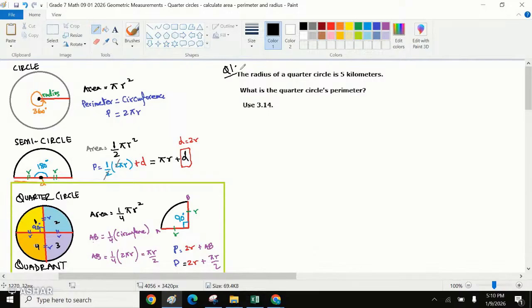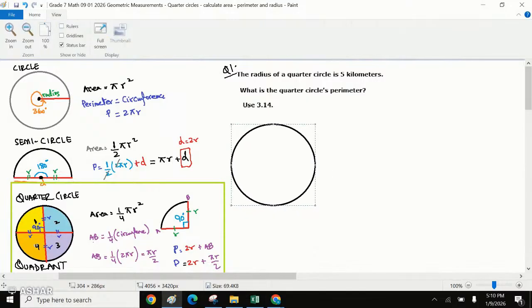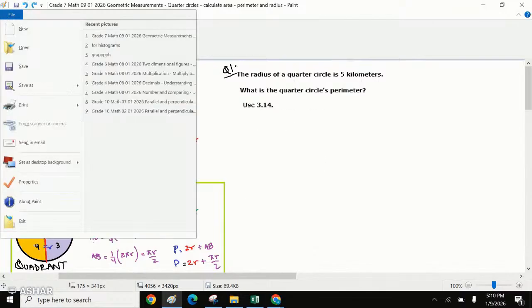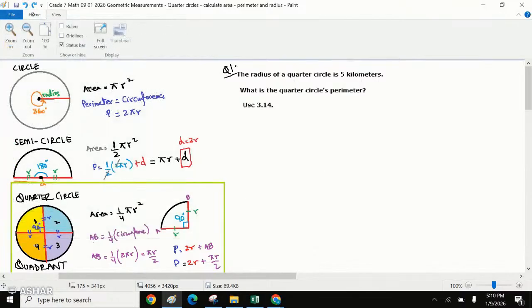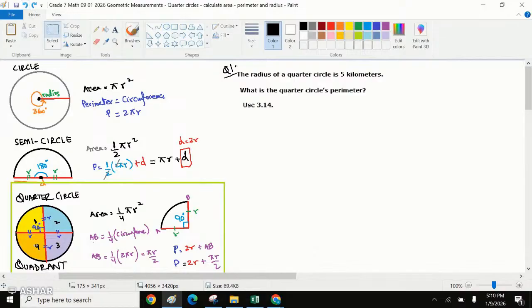Okay. So what we are looking at today is the quarter circle. We can always draw a quarter circle. It's better to always draw a diagram and label it, because once we have the diagram, we can do the labeling and see what the requirements are. So we try to draw this quarter circle first.